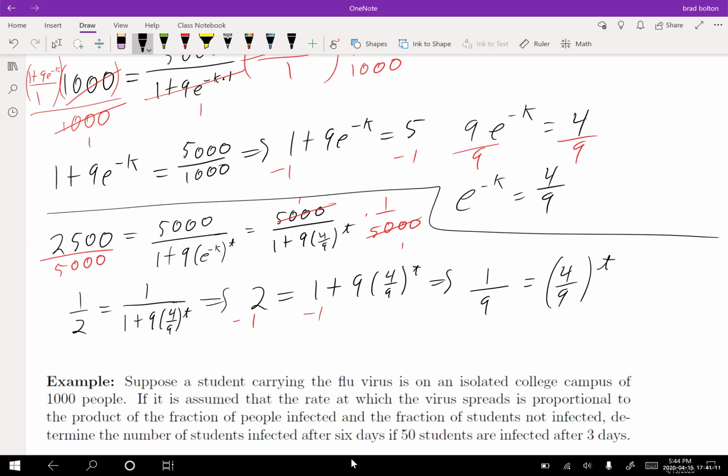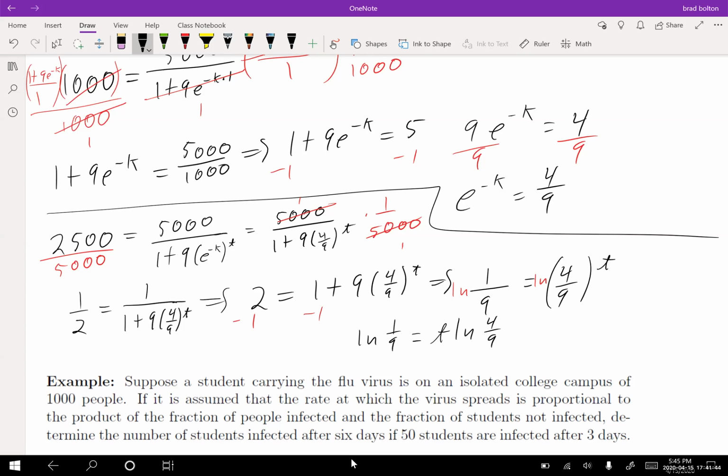So, last step, we're almost there. We can take the natural log of both sides. This is a property of logarithms. If the natural log of m is equal to the natural log of n, then m has to equal n. Well, you can also go backwards and say, if m equals n, then the natural log of m has to equal the natural log of n. So this now becomes natural log of 1 over 9 equals t natural log of 4 over 9, right?